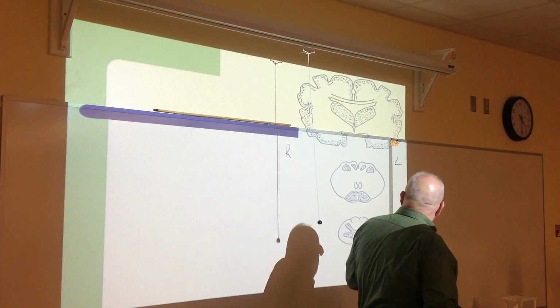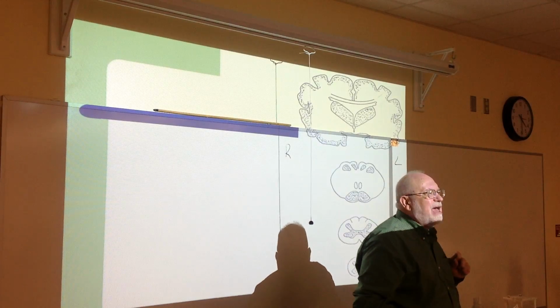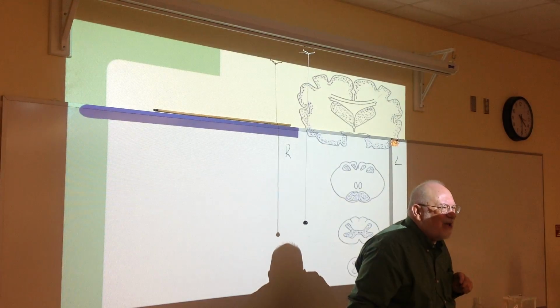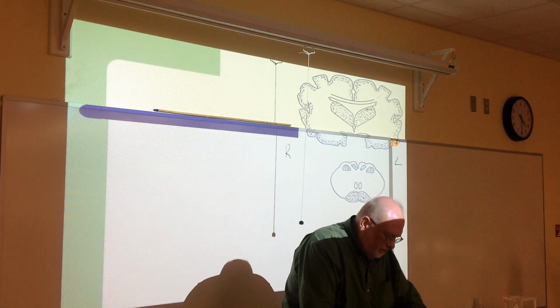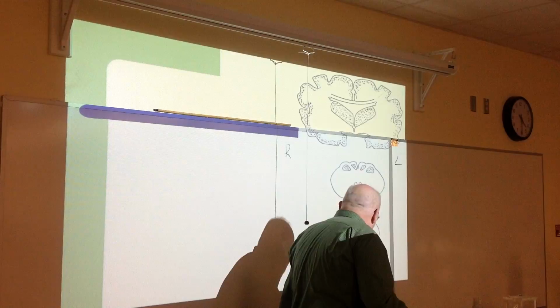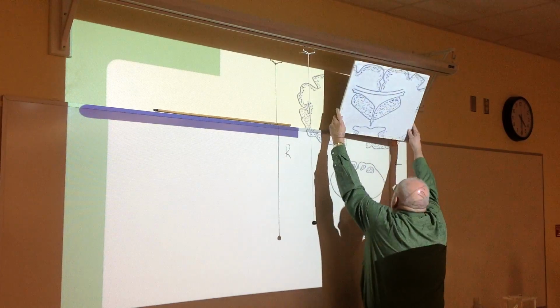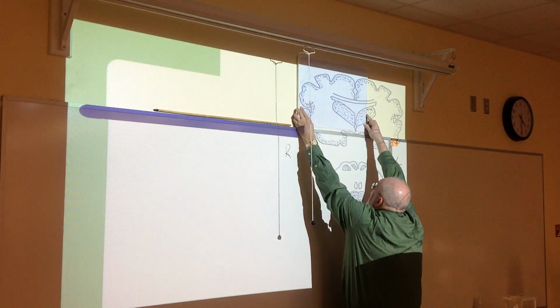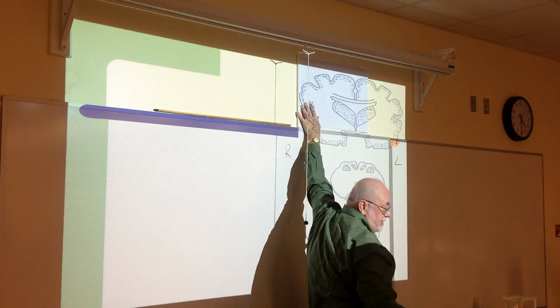Seems like we use that right side a lot. Let's come out on the left side this time. Alright, now, if I want to come out on the left side, I really need to start on the right side of the brain.